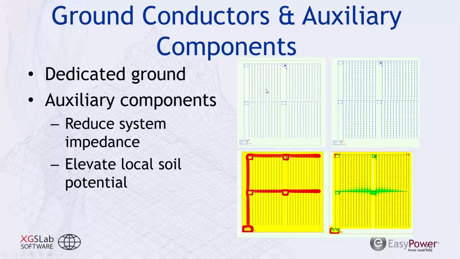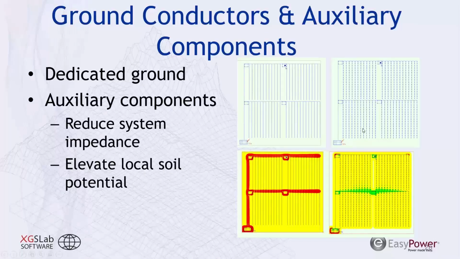What we can do is model the posts that support the panels and the track connection between them and all those grounded conductors. We can essentially reduce the difference between the Earth's surface potential compared to the grounded and bonded equipment that we're looking at.